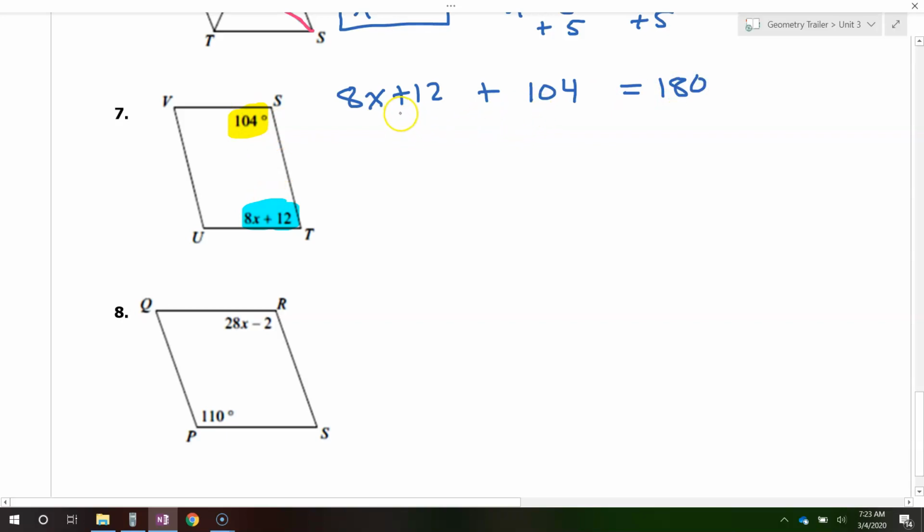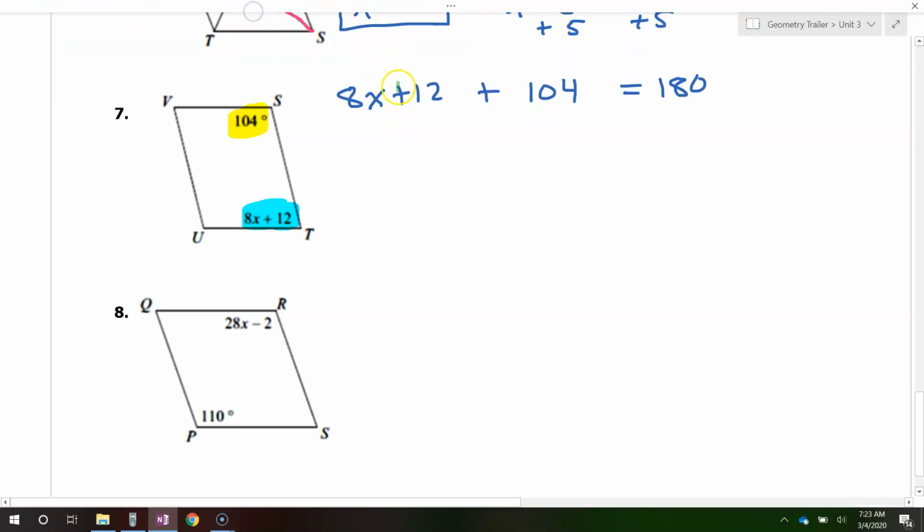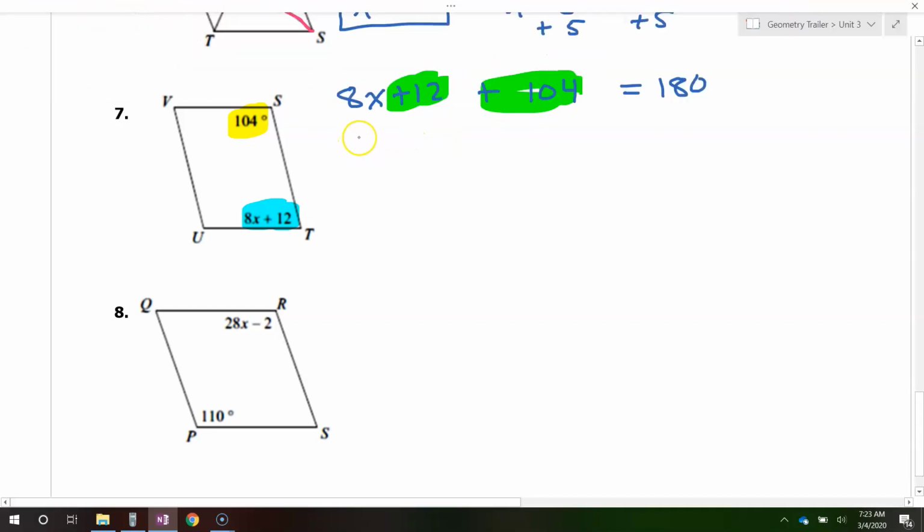Okay, we have like terms here, yes? The 12 and the 104, those are like terms. So if we put those together, I'm going to bring down the 8x, but then we're going to have 116 is equal to 180.